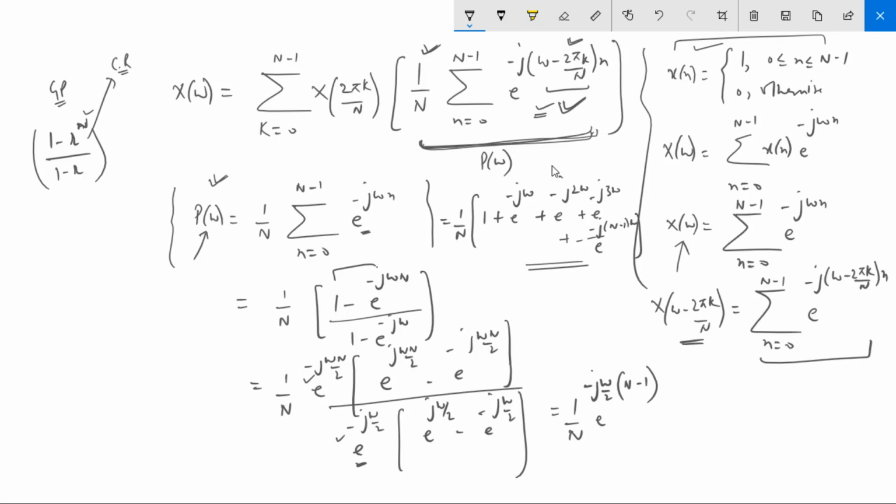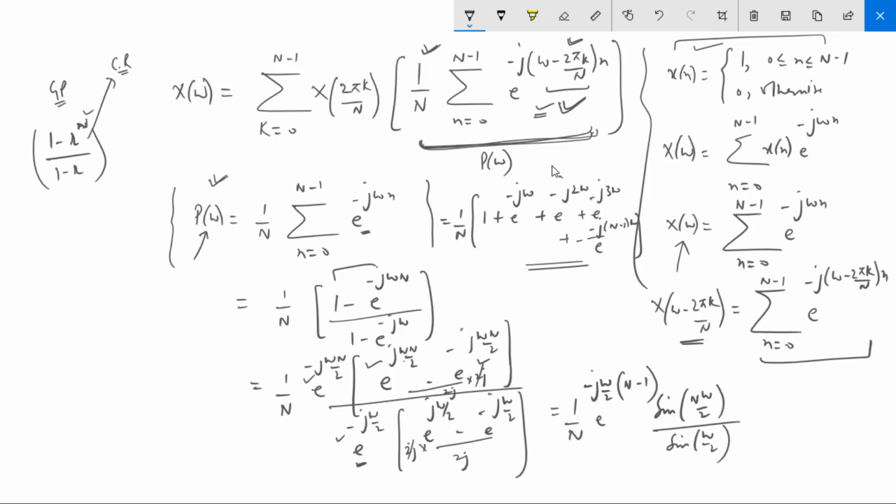For these two functions, if I divide with 2j and multiply with 2j, and similarly divide this with 2j and multiply with 2j, by 2j it will become a sine function. This also becomes sine, and this 2j and this 2j will get cancelled. So it will become sine of N omega by 2 divided by sine of omega by 2.